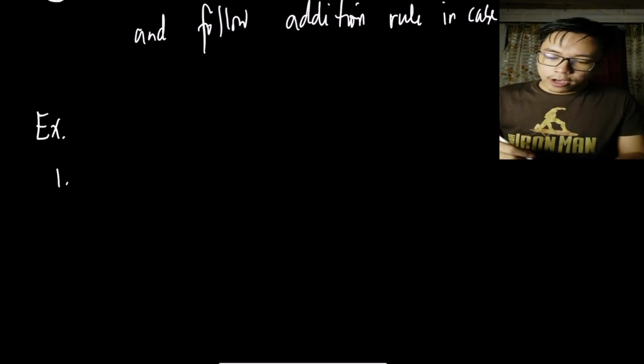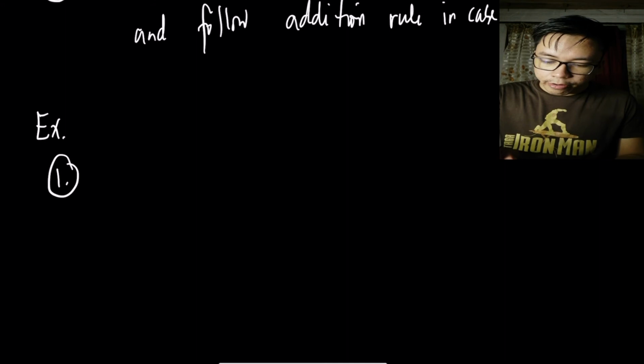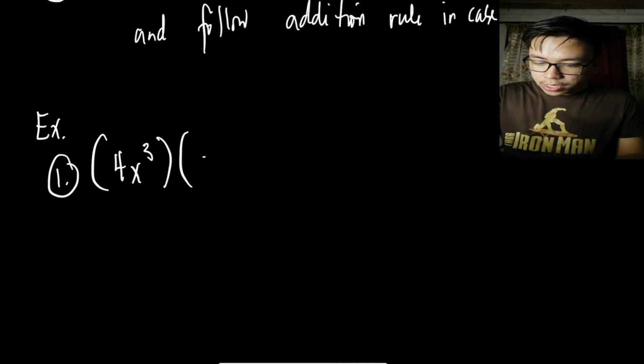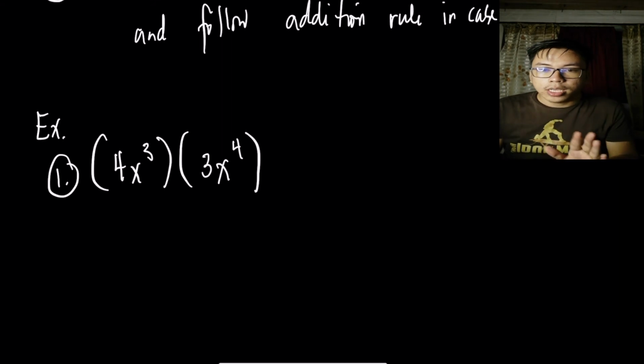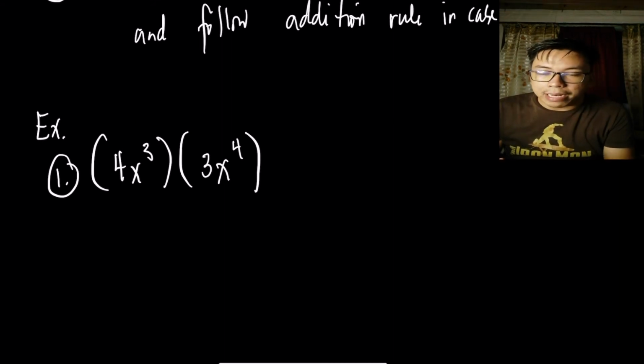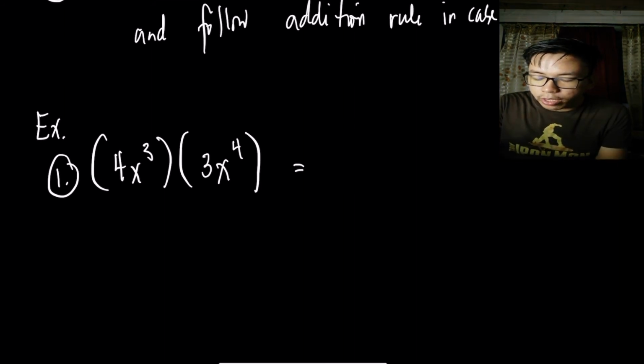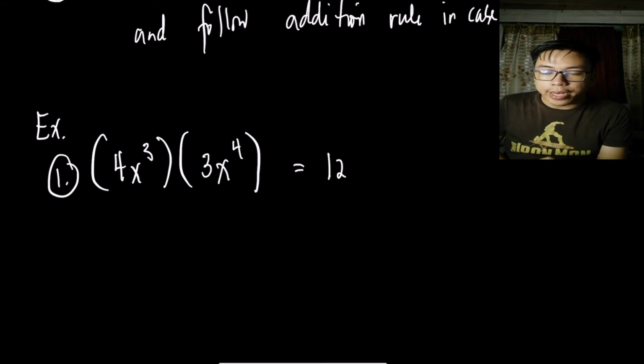Okay, so let's check via example. Number 1, I'm interested to multiply 4x cubed by 3x to the 4. So I can multiply them together, and I will multiply the coefficients here. So 4 and 3 gives 12. Now, x cubed and x to the 4.